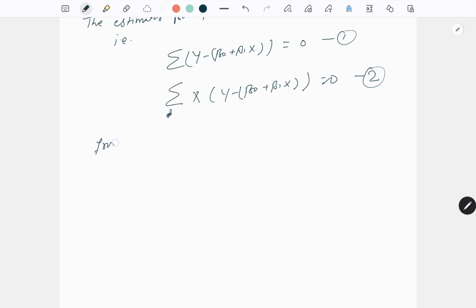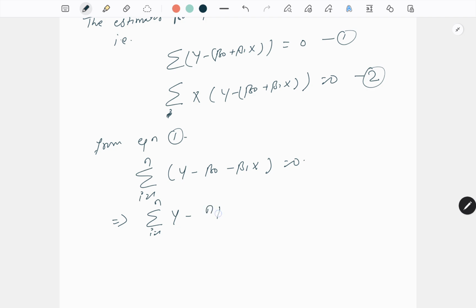Now from equation 1, we can write the sum from i equal to 1 to n of (y minus beta naught minus beta 1 x) equal to 0. From here, the sum of y minus n times beta naught minus beta 1 times the sum of x is equal to 0.